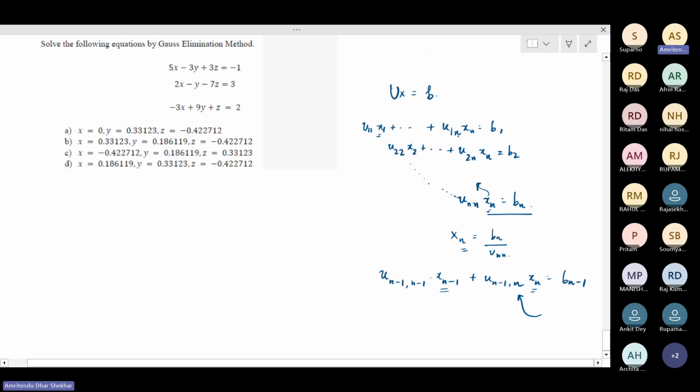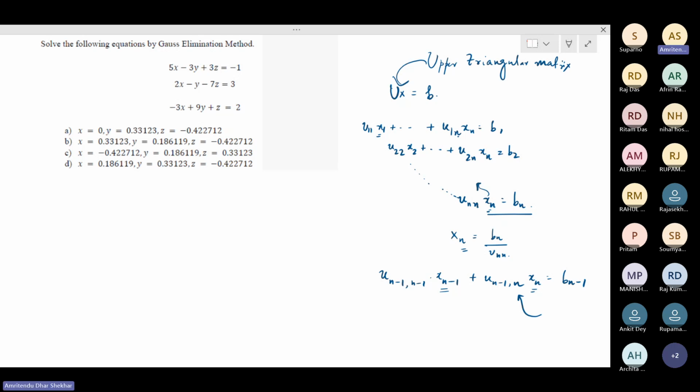So essentially, what happens is that if your system of equations is of this kind, which means that U is an upper triangular matrix, then it is particularly easy to solve this system of equations.